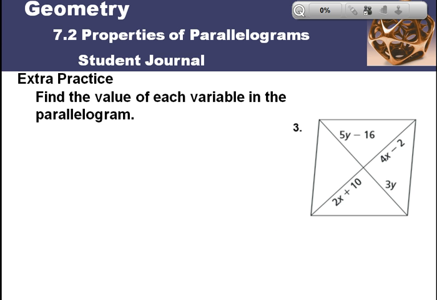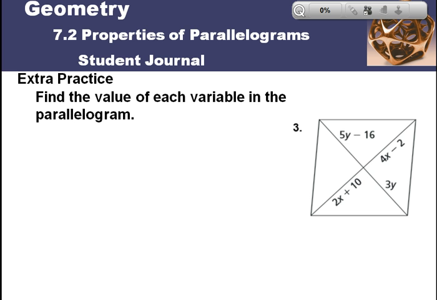Okay, now this looks like a pair of diagonals. And remember, the theorem said that the diagonals of a parallelogram bisect each other. So that means that these pieces are equal.